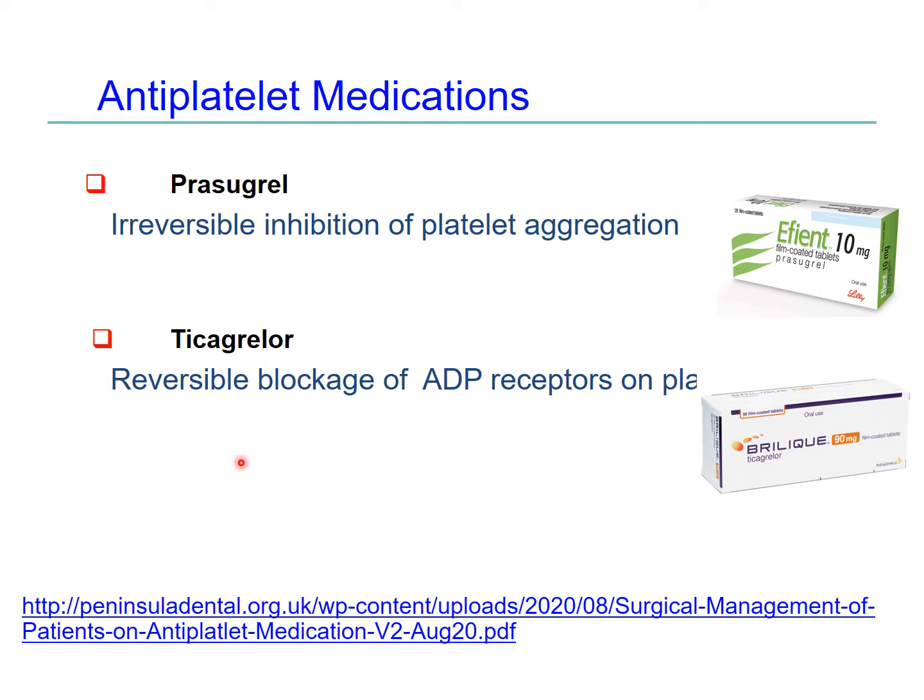The full guidance on management of patients on antiplatelet medications is accessible from this link on the PDSC website, and I would advise you to read this guidance thoroughly so that when you see patients on antiplatelet medications who require tooth extractions on clinic, you are able to prepare and manage them appropriately.